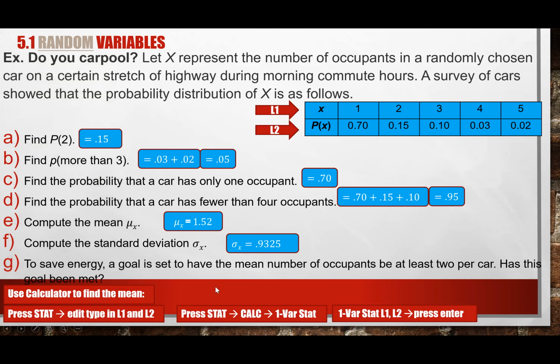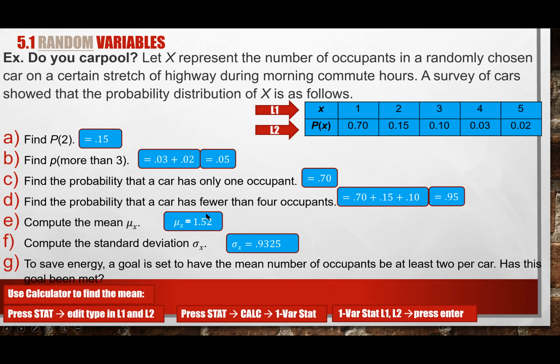To analyze your information, they say to save energy, the goal is to have the mean number of occupants be at least 2 people per car. Has this goal been met? The mean has to be at least 2.